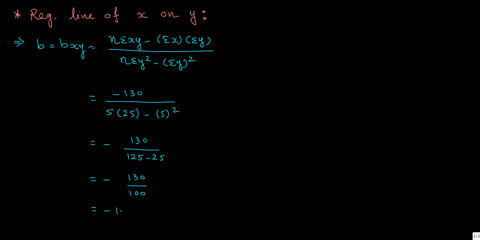It gives us -1.3. So b equals -1.3. Now find out a. A is equal to y bar minus b x bar. So y bar is 1 minus b equal to -1.3 into x bar, which is also 1. So it is 1 plus 1.3 equal to 2.3.